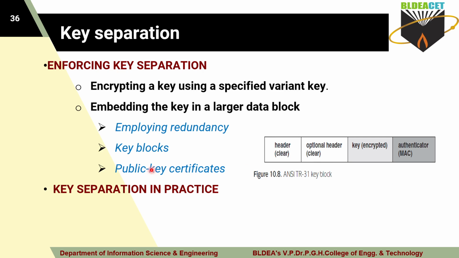Public key certificates, you already know that. What are public keys? As the name itself tells, it is public; everyone can access that. For accessing that you require the public key, and for that you have to prove your authentication, meaning I am the genuine user and I have the authority to encrypt a message and send it to another person. For encrypting I require the public key of the person to whom I want to send.